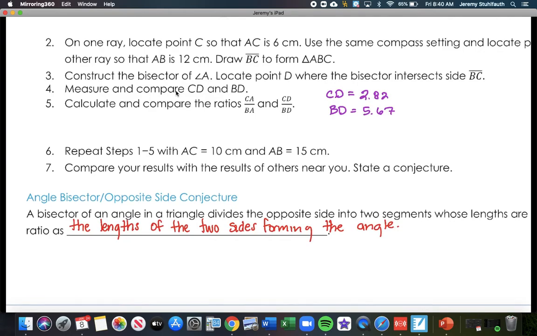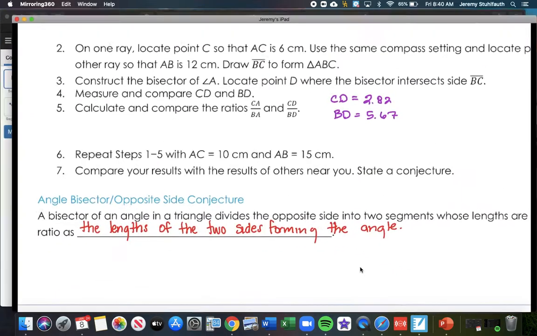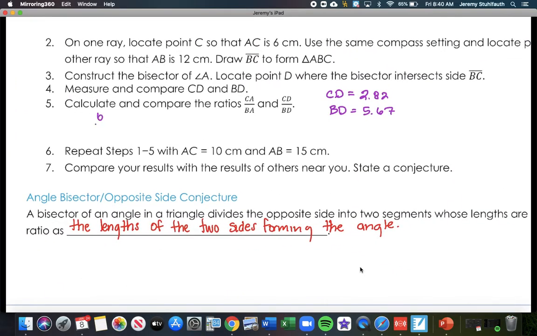Now it asks us to compare the ratios of CA over BA and CD over BD. So if we look at CA over BA, that would be 6 over 12, which is equal to 1/2.